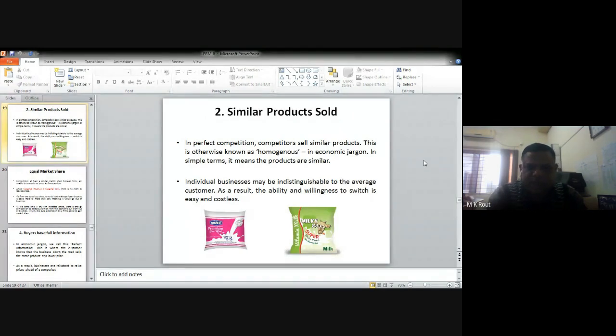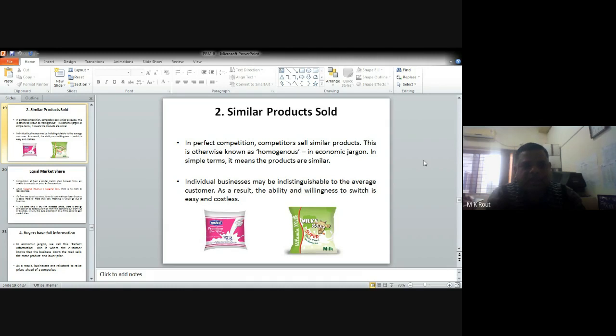In the case of similar products, you can see this particular figure, especially with reference to Amul versus Milk Moo. They are directly selling similar products, but in gaining brand value, Milk Moo is very famous. But if you go to the literal definition of similar products sold, especially with reference to perfect competition, the competitors sell similar products, and this is otherwise known as homogeneous in economic jargon.